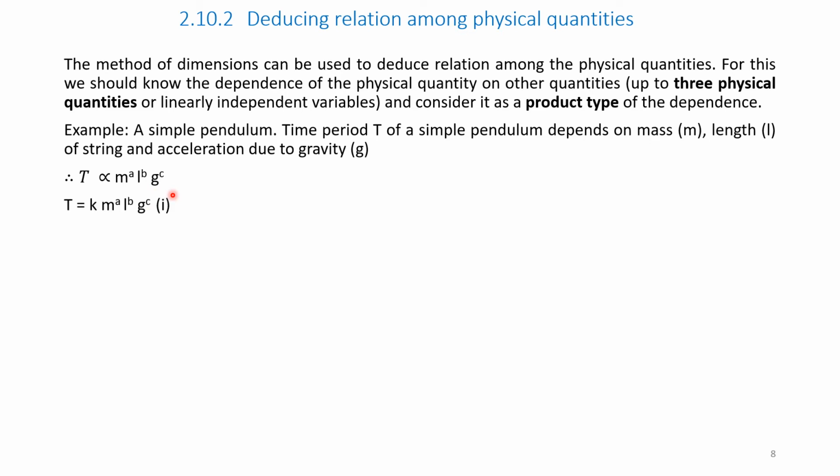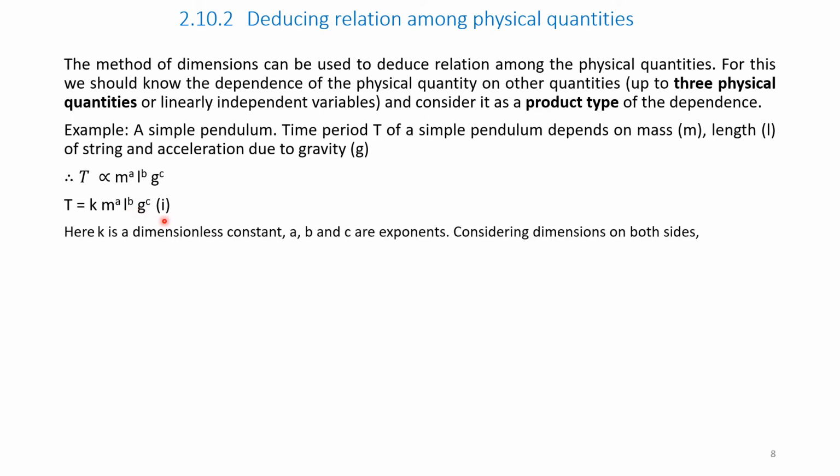We can find out the powers of mass, length and gravity. So let T be equal to K into m to the power of A, L to the power of B and g to the power of C. Here K is dimensionless, and A, B, C are exponents. Considering dimensions on both sides, we get time is M⁰ L⁰ T¹.